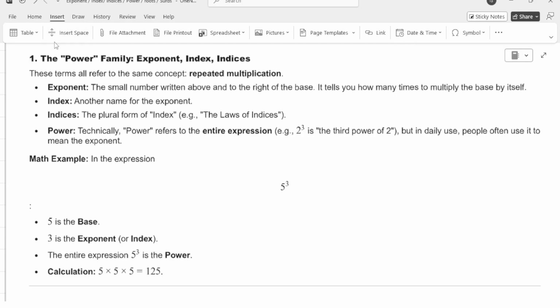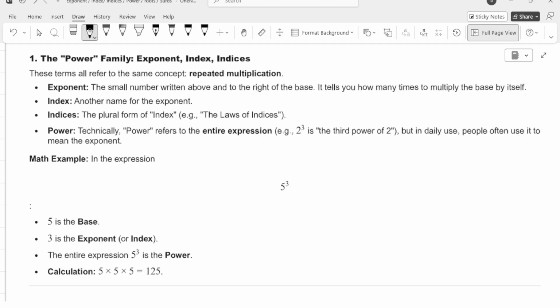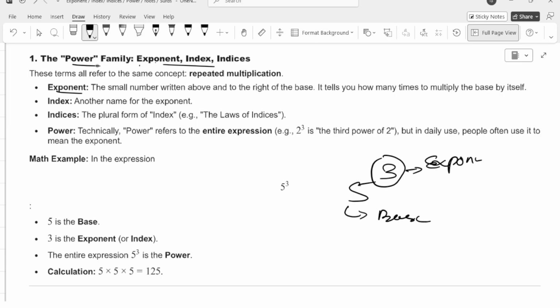Here's the minor difference, but we can read them. Here is the draw: the power family of exponent, index and indices. Exponent: for example, 5 to the power 3. Here 5 is the base, 3 is the exponent, and we also call that an index.